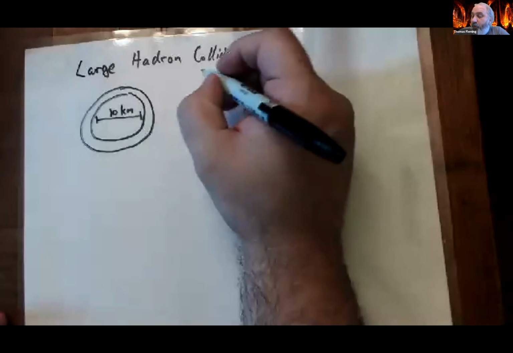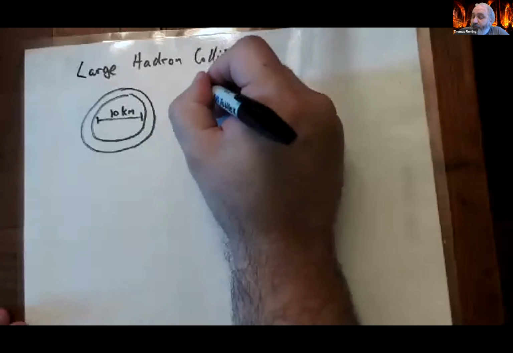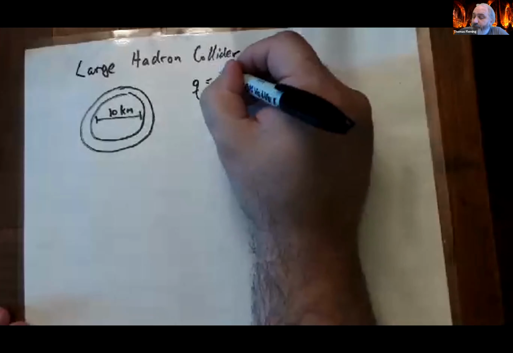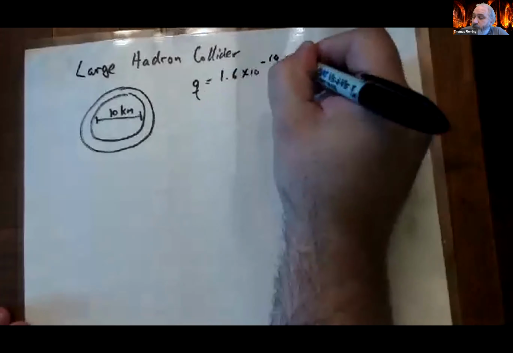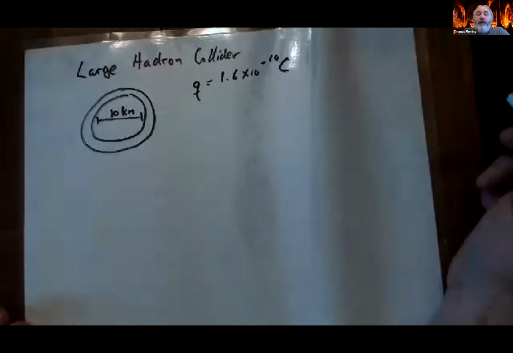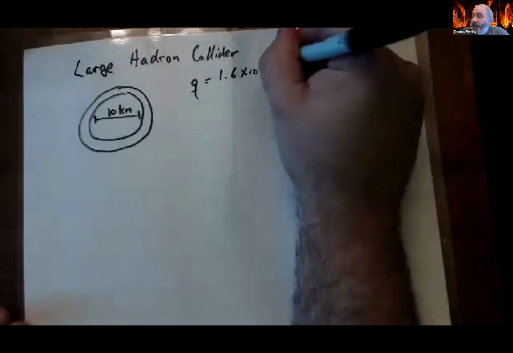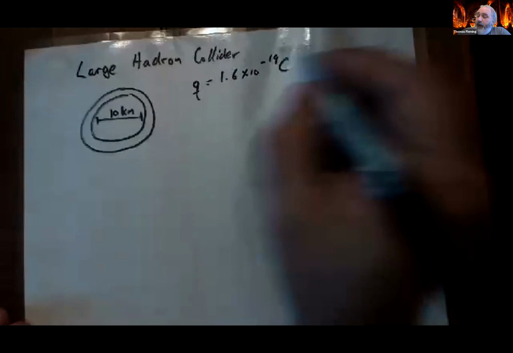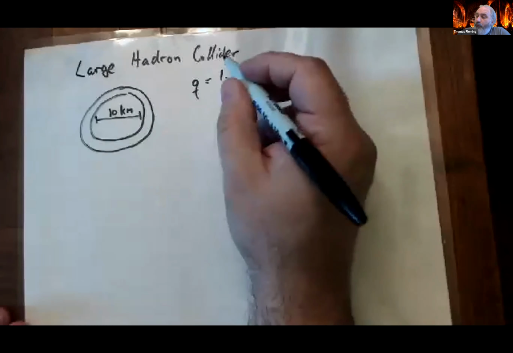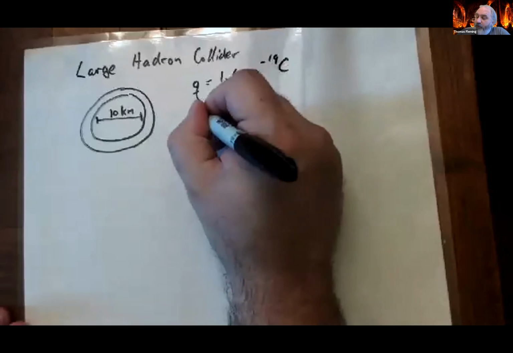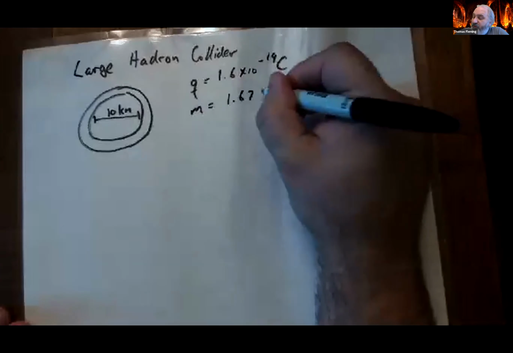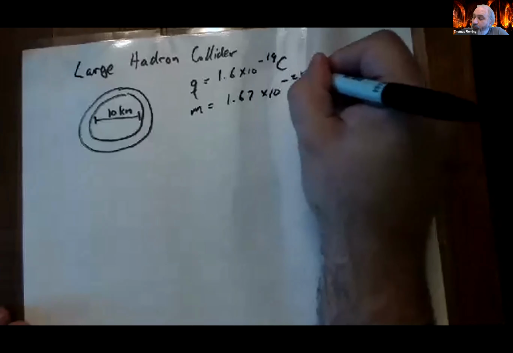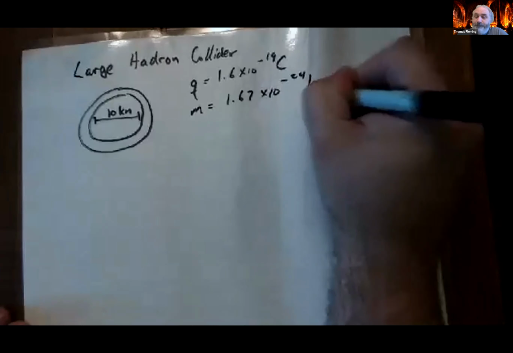Now, let's imagine that my particle is a proton. So if it's a proton, I know the charge: 1.6 times 10 to the negative 19th coulombs. I know the mass of a proton is about 1.67 times 10 to the negative 24th kilograms.